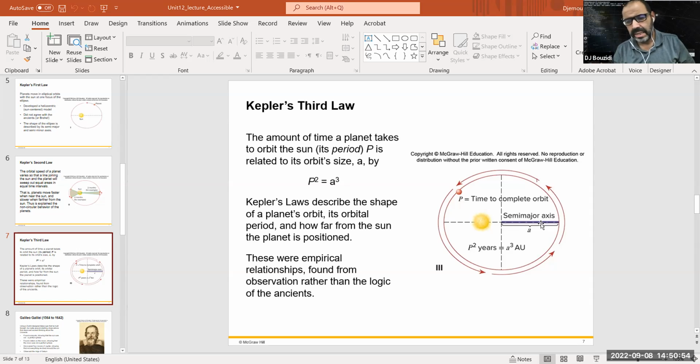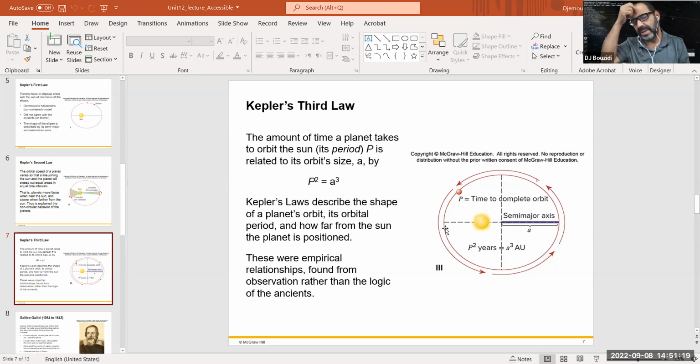Which is in a sense adding the distance when it's far away from the sun, plus the distance when it's very close to the sun, and dividing that. In other words, the average value between the perihelion and the aphelion. So that's really what this value is for A. It's the semi-major axis. It's halfway. It's the average value of the two.